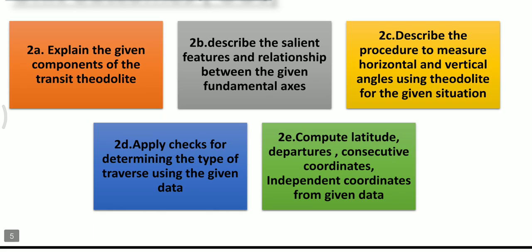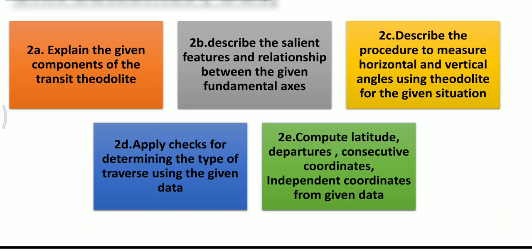With the help of this theodolite, we learn in this unit how to measure vertical angle and horizontal angle. Next, apply checks for determining the type of traverse using given data. When we perform surveys with the help of theodolite traversing, some errors occur in the theodolite surveying. Eliminating these errors is done with the help of checks for determining the type of traverse.